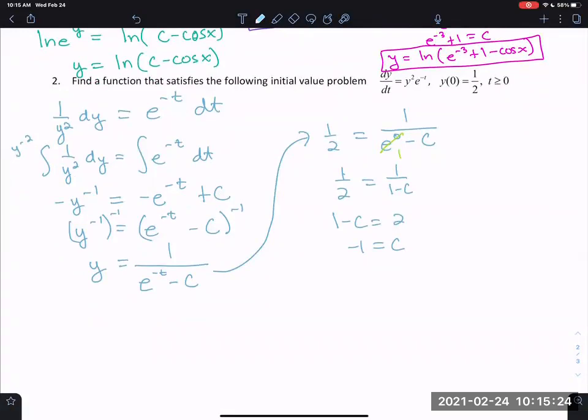And I can rewrite my final equation with c plugged in.